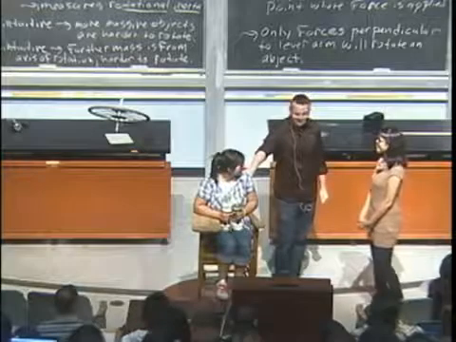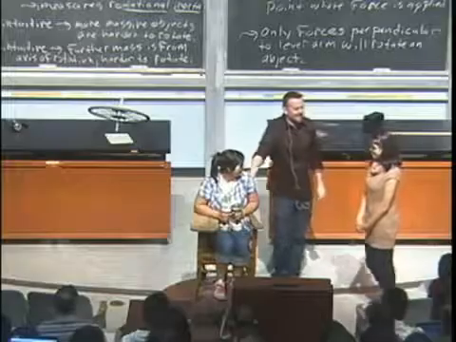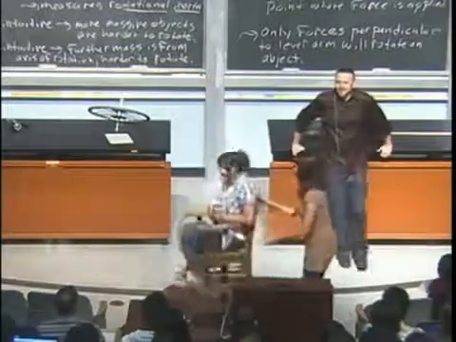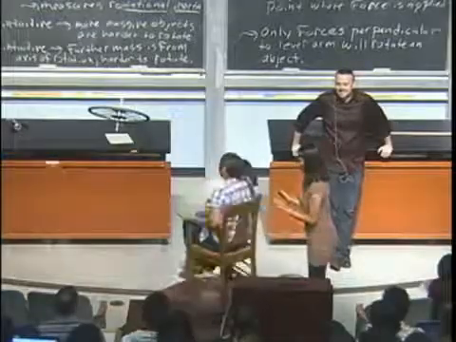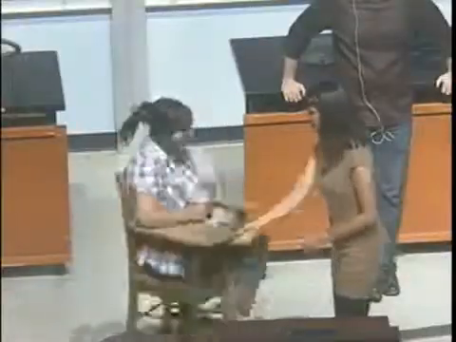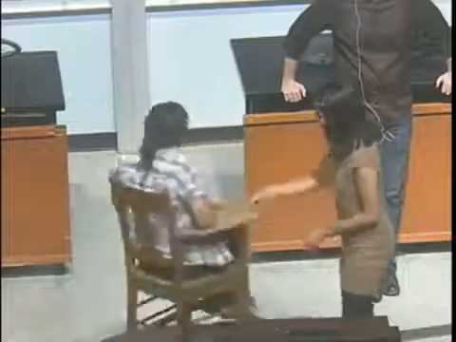Virginia, I want you to start rotating her, okay? So you're going to be applying a force, okay? How do you want to apply that force? You want to be doing it with a lever arm, right? Interesting.